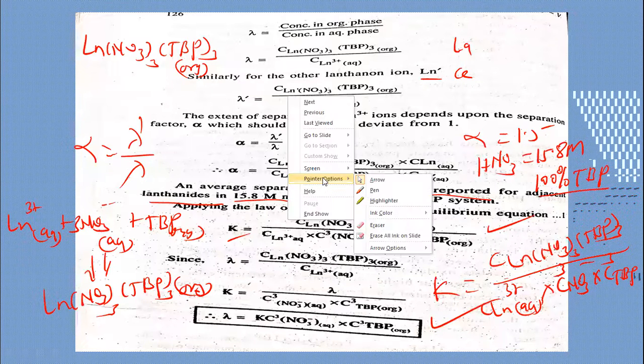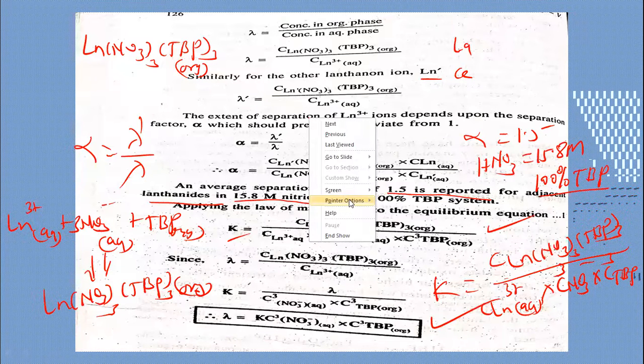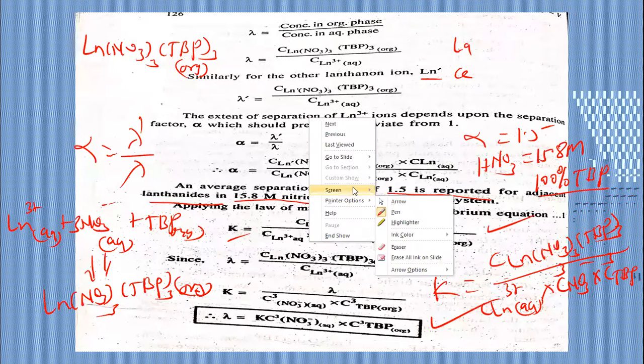So which are the important steps involved in the separation of the lanthanum? Once again, I would like to repeat this. Important steps which are involved in the separation of the lanthanums by solvent extraction method. First of all, it is selection of solvent.